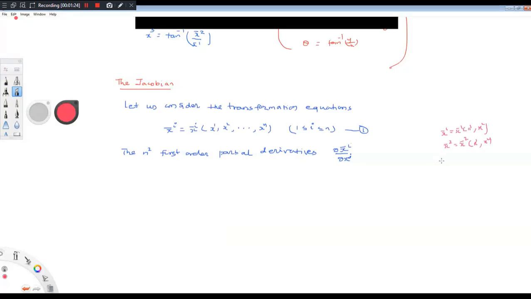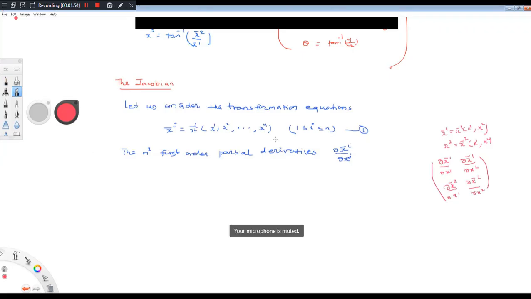What are they? Del x bar 1 by del x1, del x bar 1 by del x2, del x bar 2 by del x1, del x bar 2 by del x2. So this many partial derivatives I can generate from this.